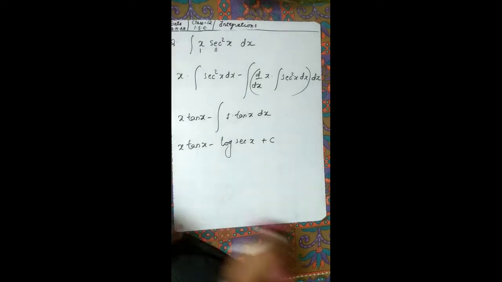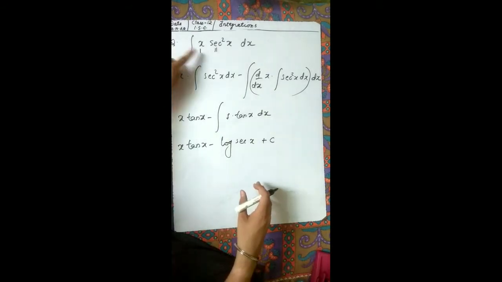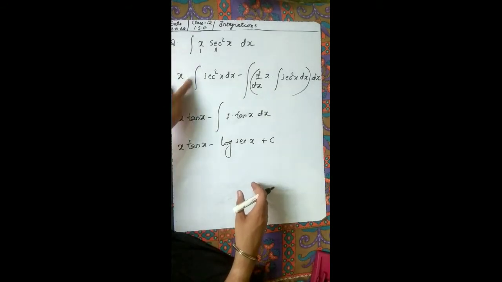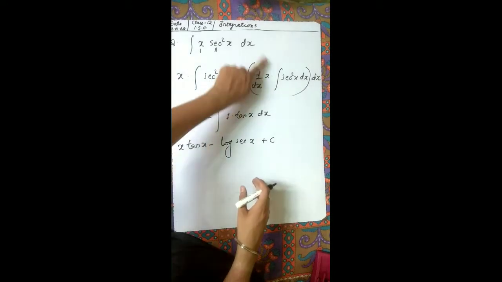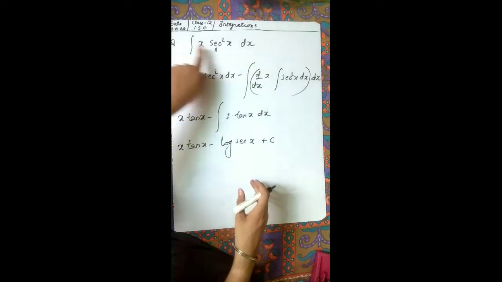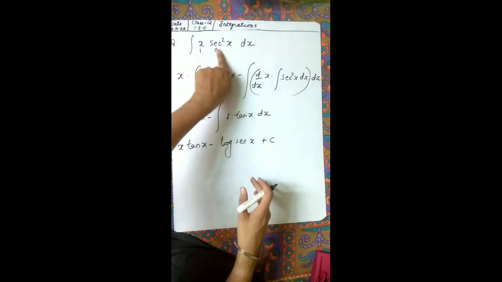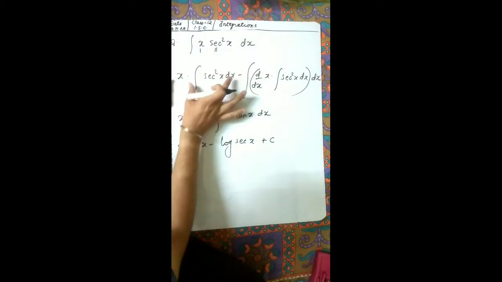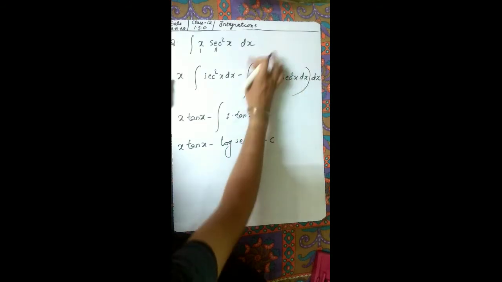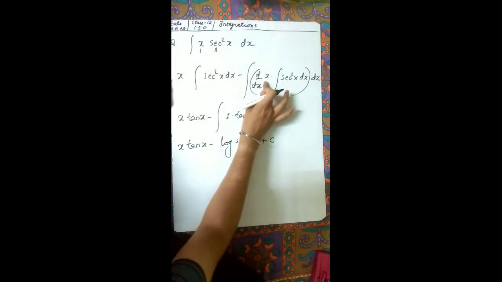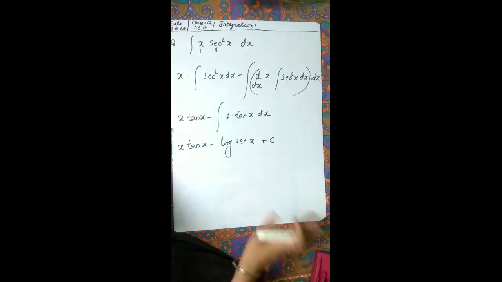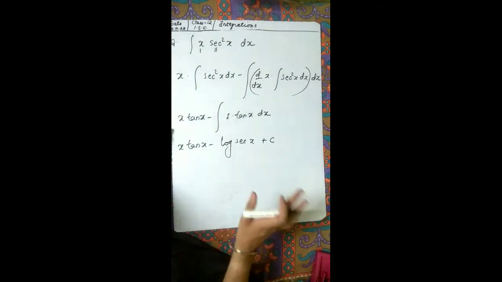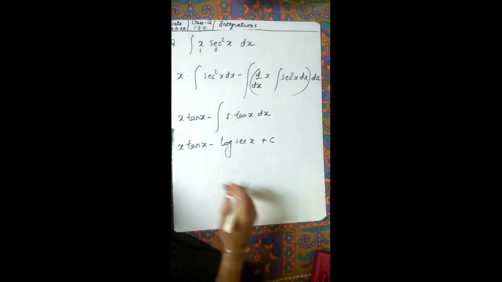Using the formula, keeping the first as it is, integration of second, minus whole integration of differentiation of first into integration of second. The second function is repeated in these two, and in the whole integration you need to differentiate the first one. By your mnemonic, you can remember things for a long time.